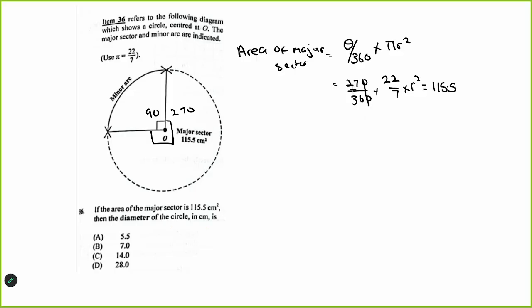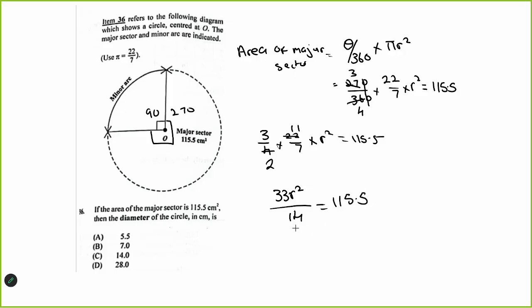Cross this off. 9 goes into 27 3 times. 9 goes into 36 4 times. So we have 3 over 4 times 22 over 7 multiplied by r squared is equal to 115.5. That's 33 r squared over 7 2's are 14, equal to 115.5.